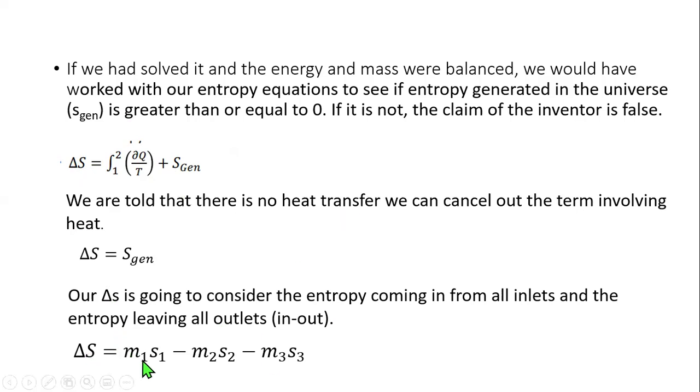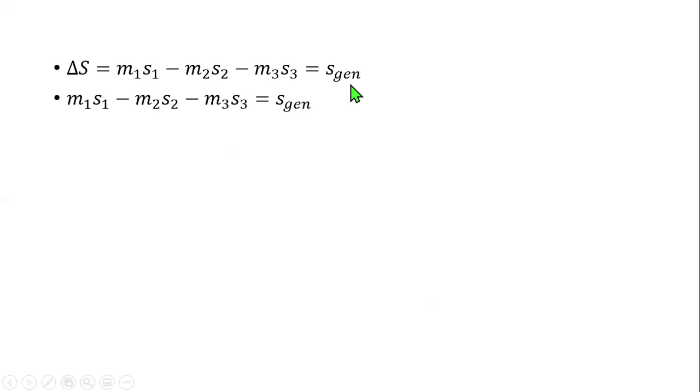So it's going to be M1S1, the inlet, minus the outlet M2S2 minus M3S3. Now, we are saying that all of that should be equal to our entropy generated.